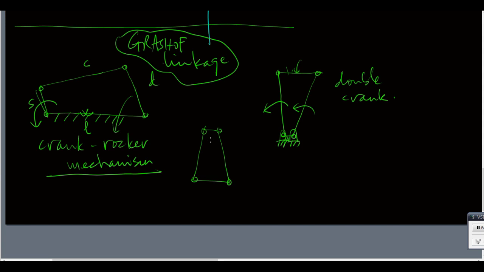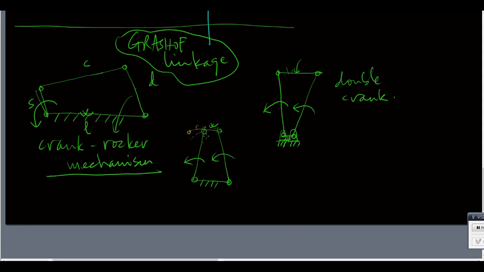And what will happen is this is the one that goes round and round, nothing else goes round and round when I fix this. So this will rock, and that one will go round and round. There will be an intermediate position where this has come here, this has come there, and then this will come down, this will go up.